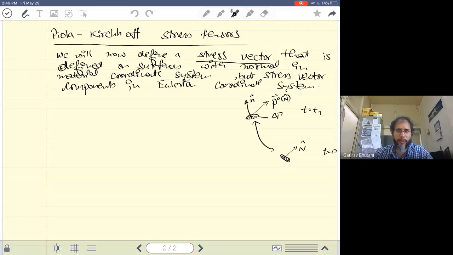You will see why we have done this, but right now we simply need to understand what it means. It's a small p, not a capital P. P naught superscript N hat. Let me write it more clearly.